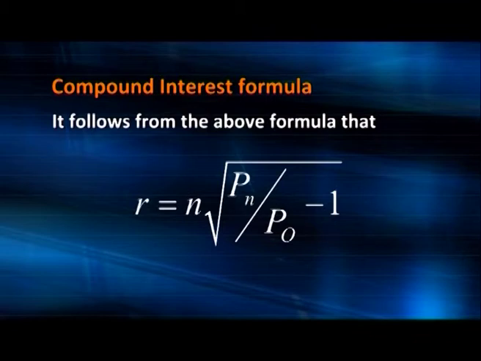It follows from the above formula that the rate of interest is equal to the nth root of the amount accumulated at the end of n periods divided by the original principal, minus 1.